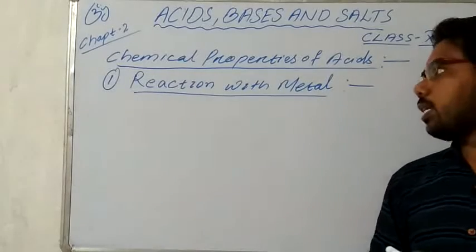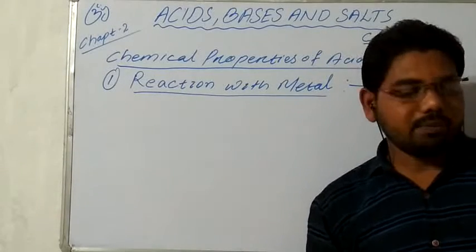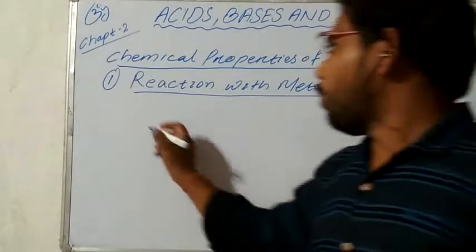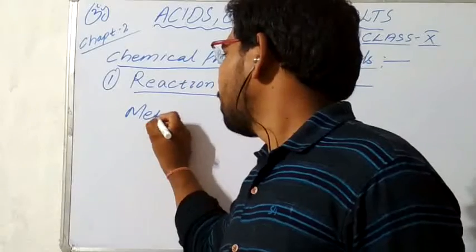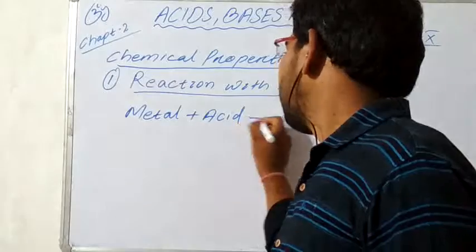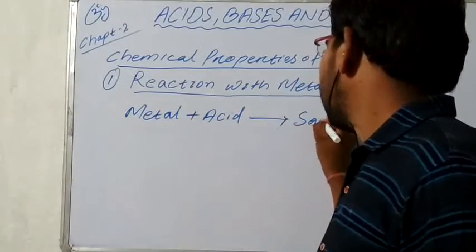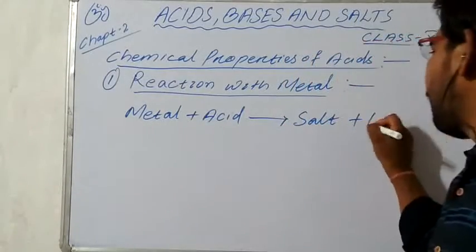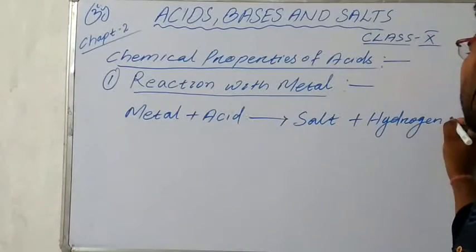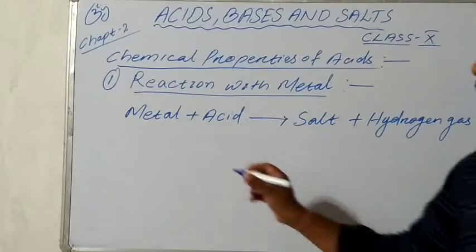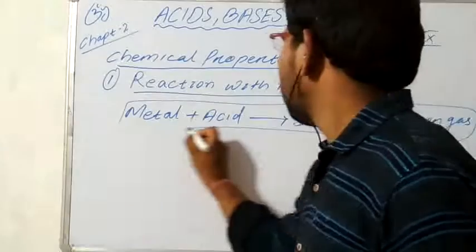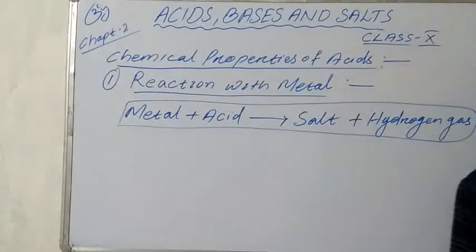They react with dilute acids and form salt and hydrogen gas. So when metal reacts with acid, it forms salt plus hydrogen gas. This is the most important point.